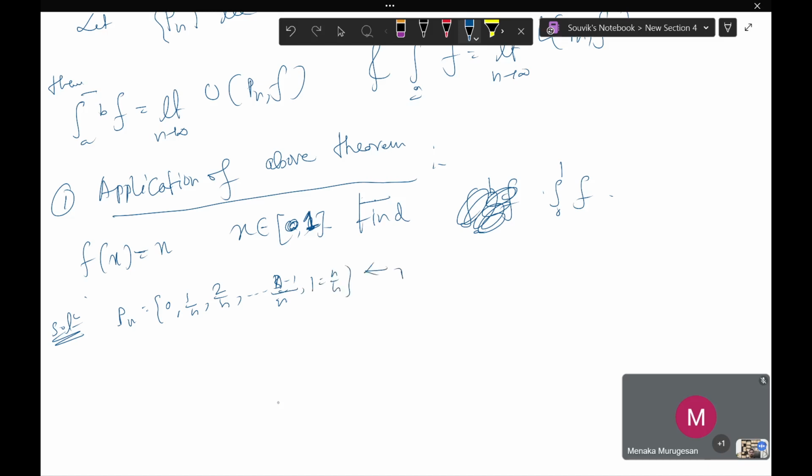So it's a partition, and what is the norm of Pn? The norm of Pn is equal to 1 by n.